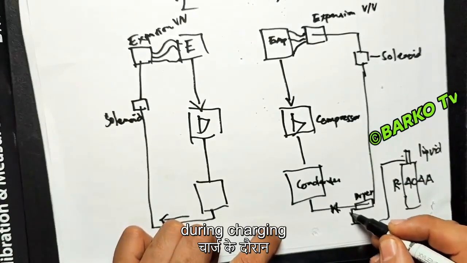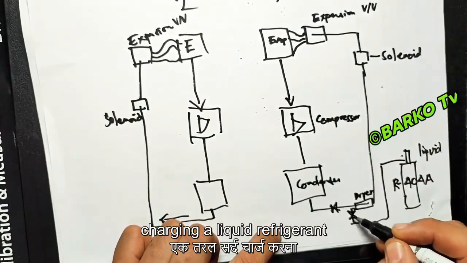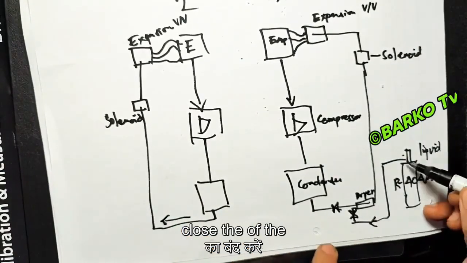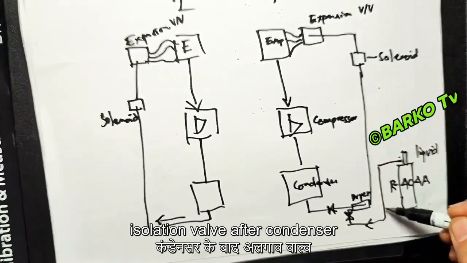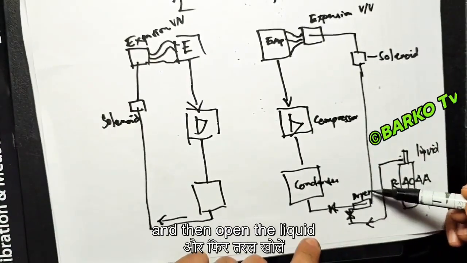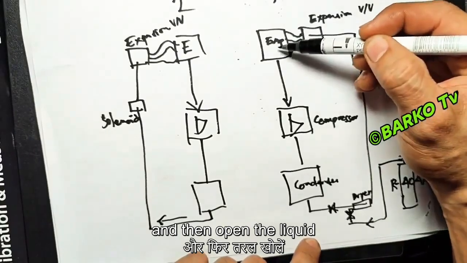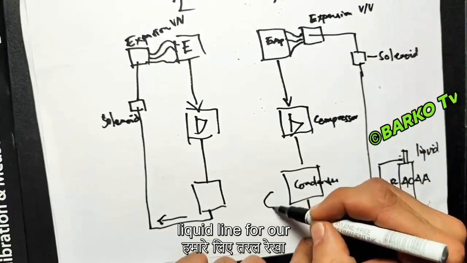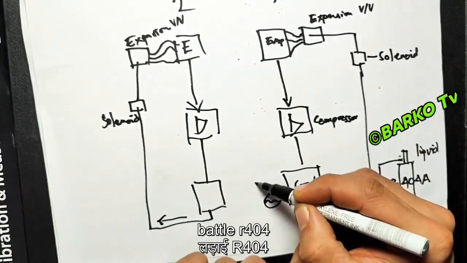During charging a liquid refrigerant, close the isolation valve after condenser, and then open the liquid line for our bottle R404.